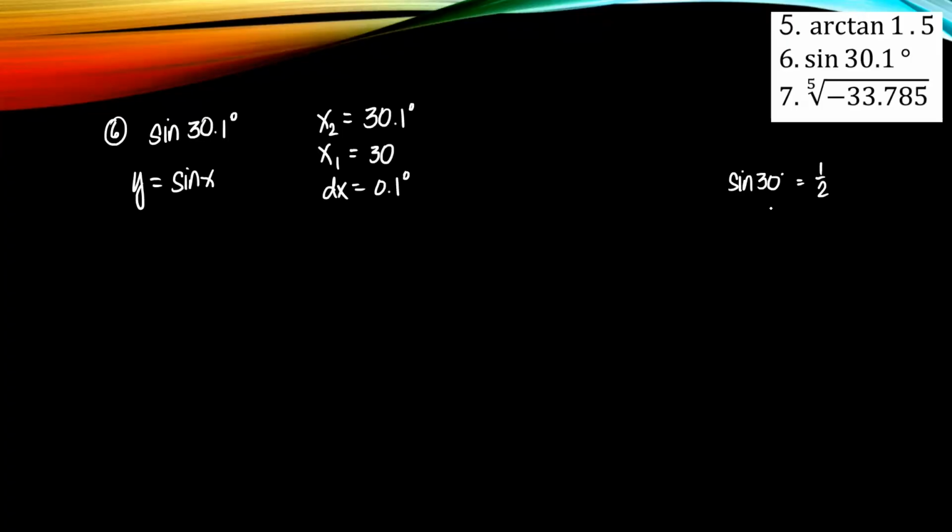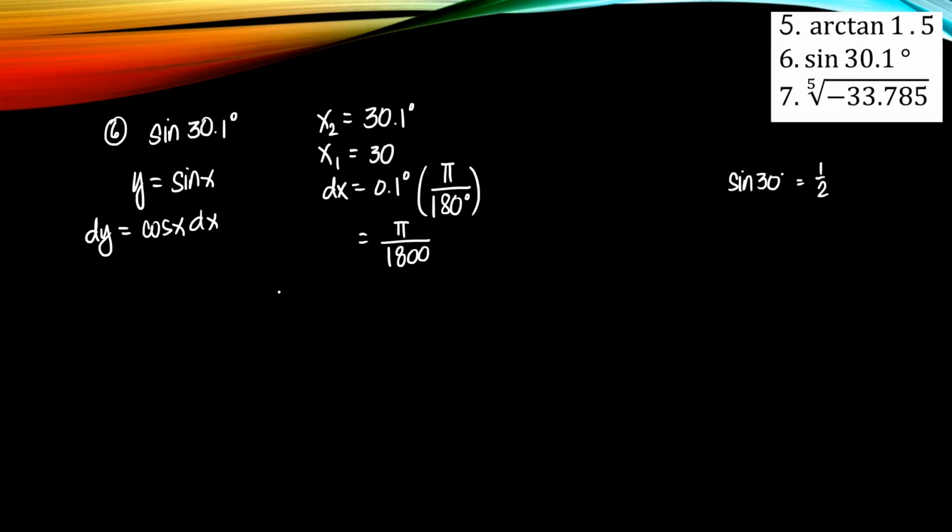But then since sine of 30 is 1/2, the dx, let's convert this to radians. For every 180 degrees, there is pi radians. So the dx in here is pi over 1,800. Therefore, you know that the dy is cosine of x dx.